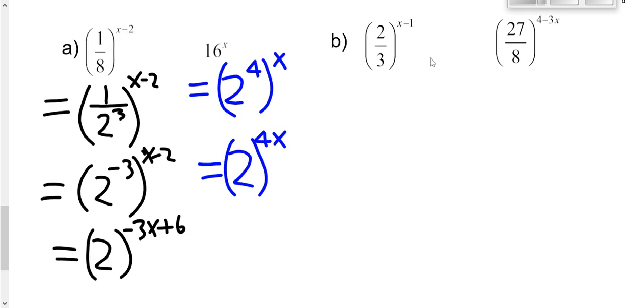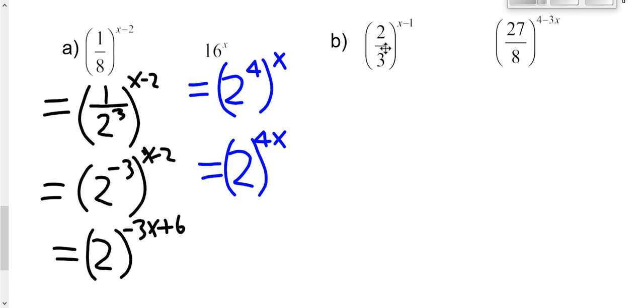The last one here is a little bit tricky because you're dealing with a fraction. Okay, so if you look at this, there are a couple different bases you can use. So I would go by this one first.